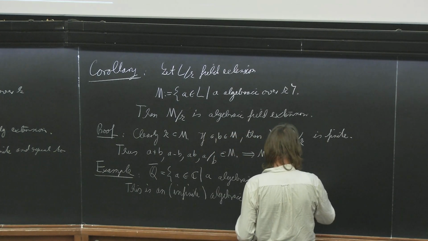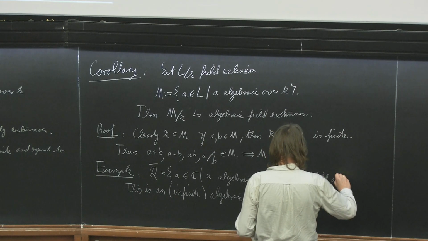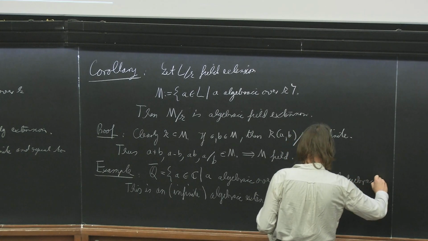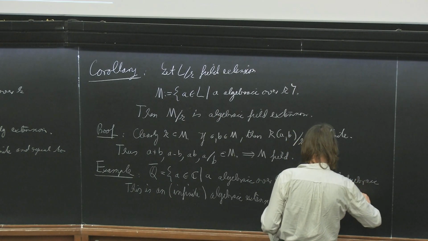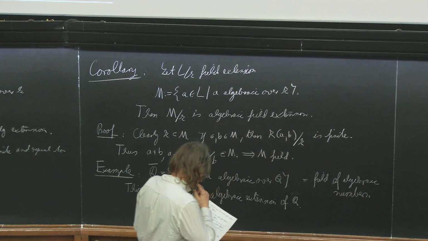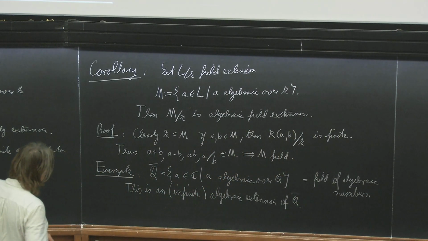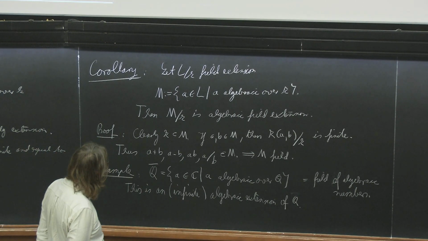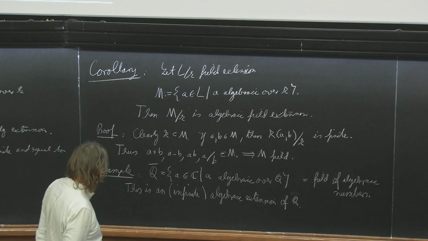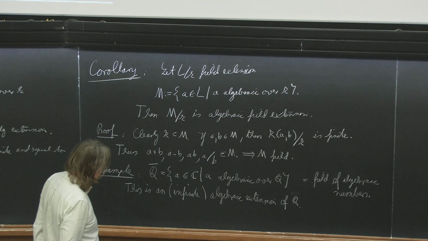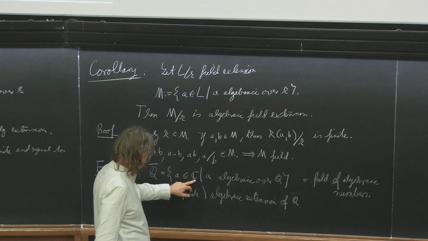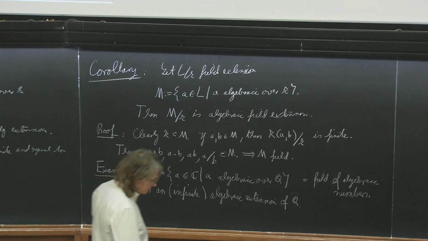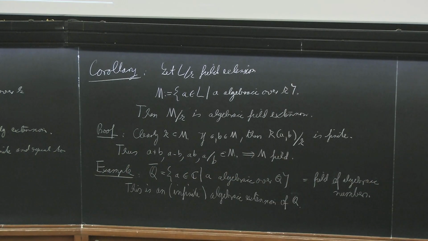As I said, it's called the algebraic numbers. In a moment we'll see that this is the so-called algebraic closure of Q. C itself is algebraically closed, that's the fundamental theorem of algebra. We'll come to this algebraic closure in a moment.